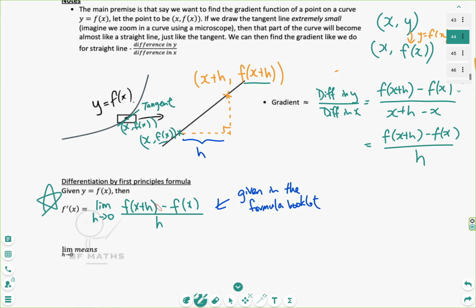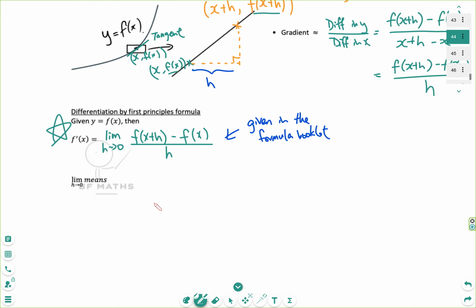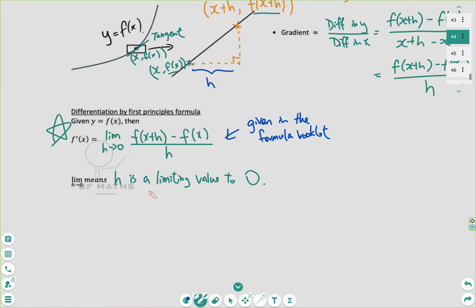Now, limit h tends to 0, this part means h is a limiting value to 0. Now, what does that mean? Well, mathematically, it means we substitute h being 0.